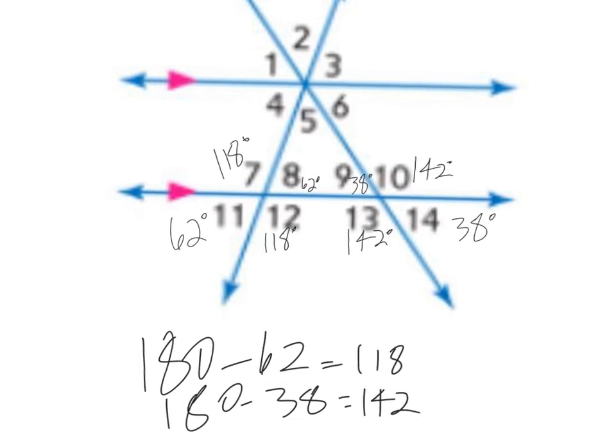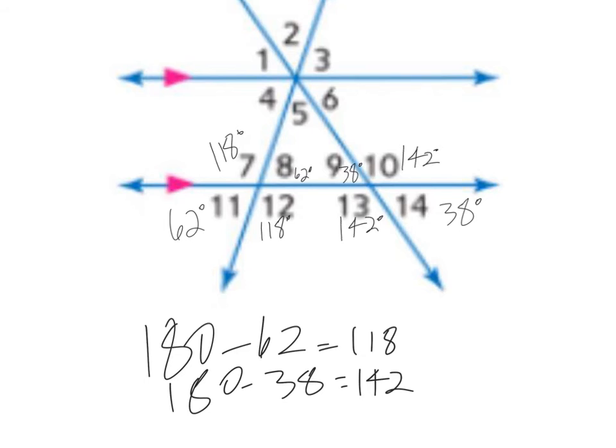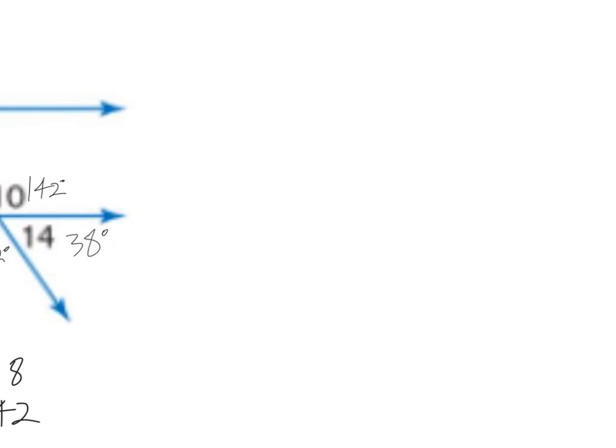In order to figure out the rest of these angles, we need to talk a moment about the sum of the angles in a triangle. By definition, all the angles inside of any regular triangle add up to 180 degrees.